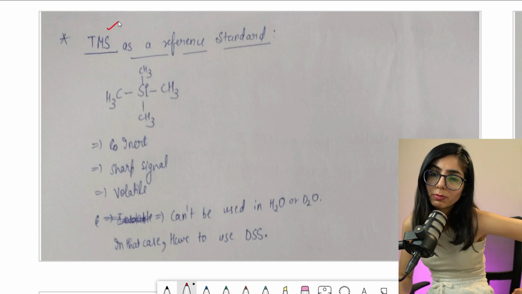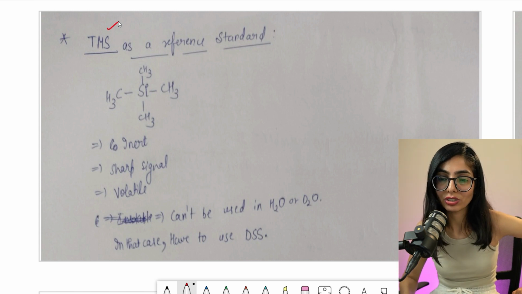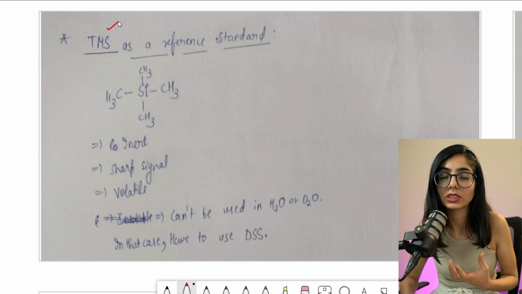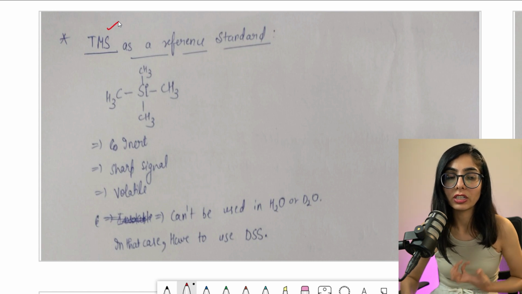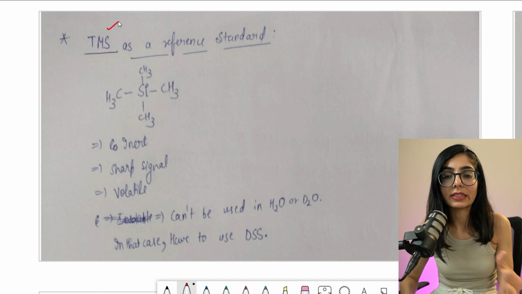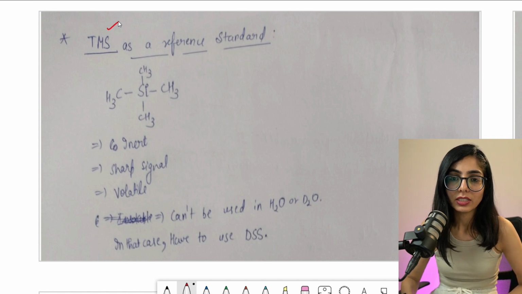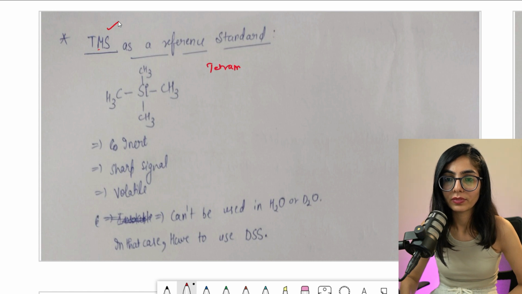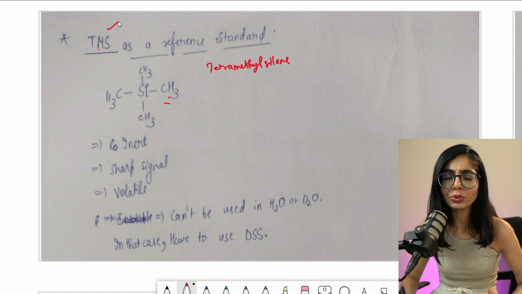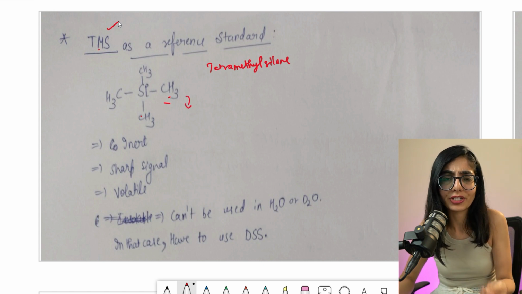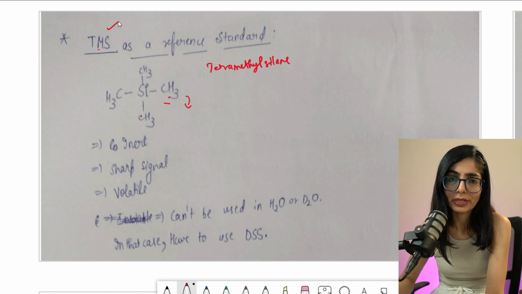I'll be explaining it technically in later lectures when you will be understanding the concept of upfield, downfield, shielding, deshielding, but for now just understand that this TMS is tetramethylsilane, Si(CH3)4. So why do we use it as a standard whenever we measure NMR spectroscopy of any compound?